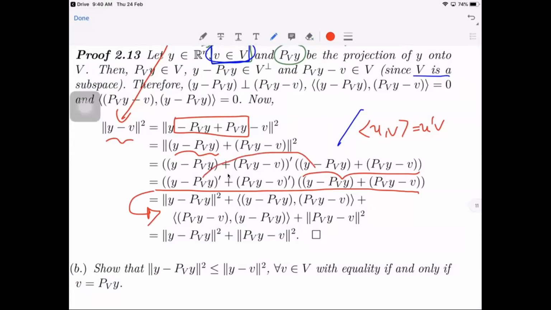So you have this. So this is y minus the projection of y onto B prime, y minus the projection of y onto V. That is your square norm. Ang kinipod na part, projection of y onto V minus V prime, projection of y onto V minus V. This is the square norm of the projection of y onto V.